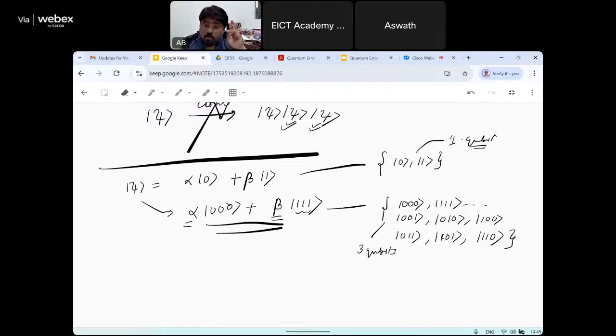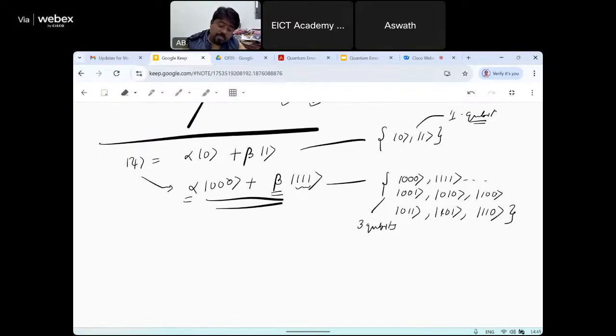Now I am not putting the information of psi on each qubit individually and asking them to travel. I'm not doing it because it is not possible to transfer the same alpha beta onto 3 people simultaneously. That is actually cloning, and cloning is not possible.